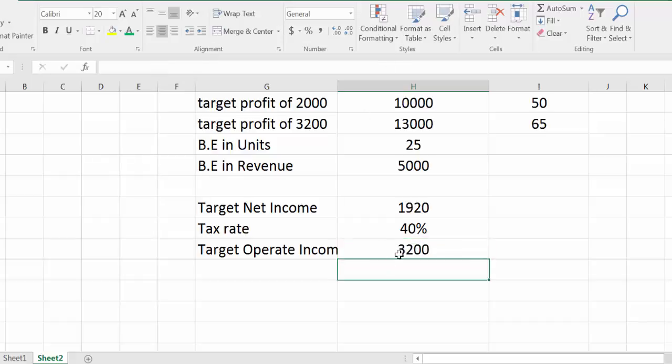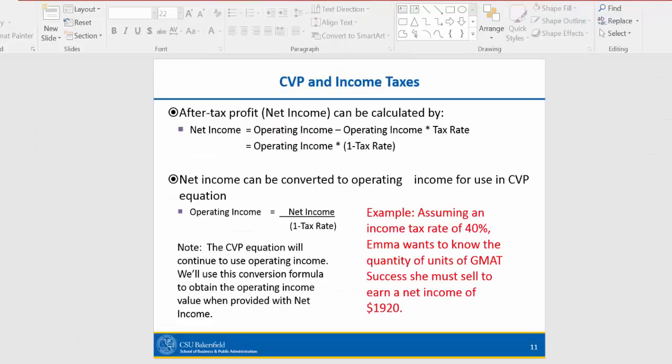So now we're looking at 3,200. So 3,200 is the target operating income, corresponding to target net income of 1,920. And from there, we can go ahead and find the answer to the question.